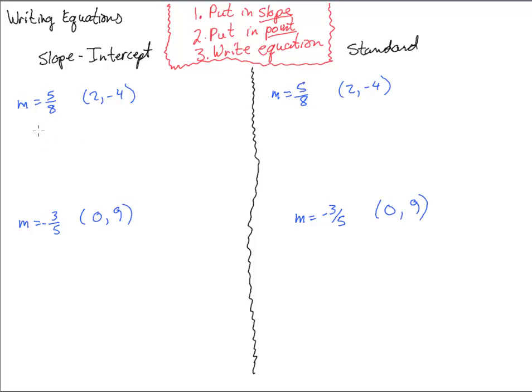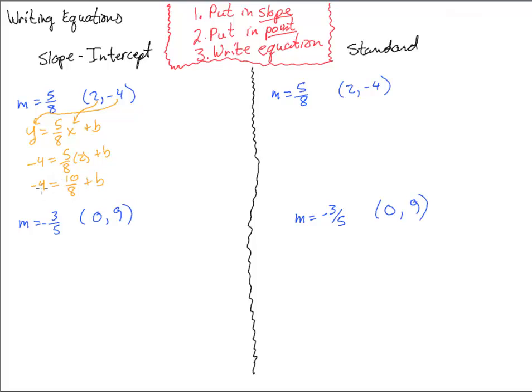Good, welcome back. I hope you're able to do these. Let's do it. First, put in the slope. So slope-intercept, y equals 5/8 x plus b. We don't know what the b is, so we now put in the point, 2, -4, and solve for b. This is -4 equals 10/8 plus b.